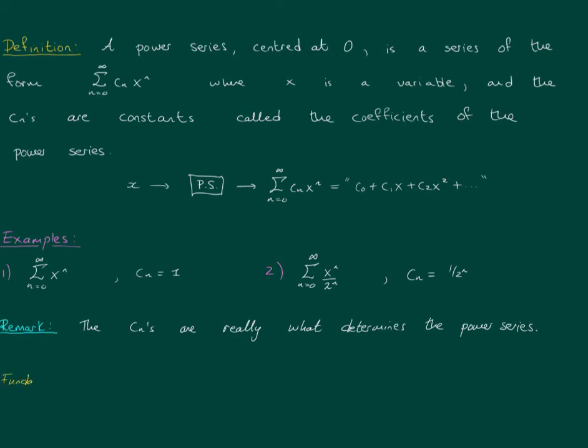Now, fundamental question. If we want to think of this as a function, if we want to think of it as a machine, what is the fundamental question for any machine? Well, that is, what can you put into it? For what values of x does the series sum n goes from 0 to infinity of c_n x to the n make sense?